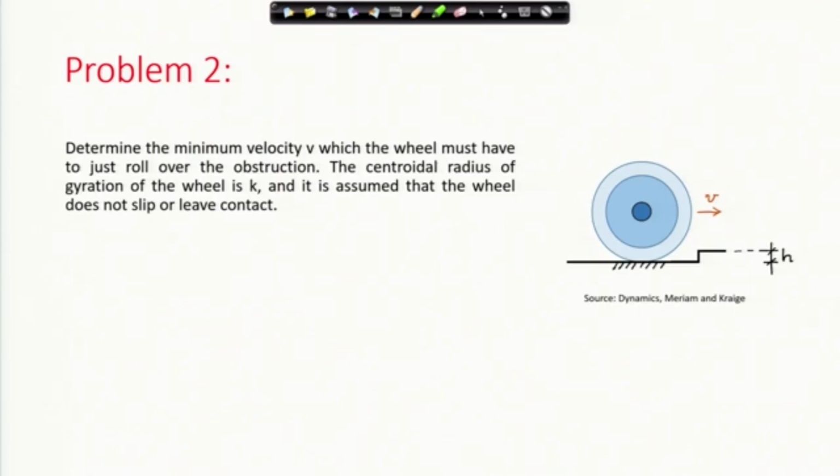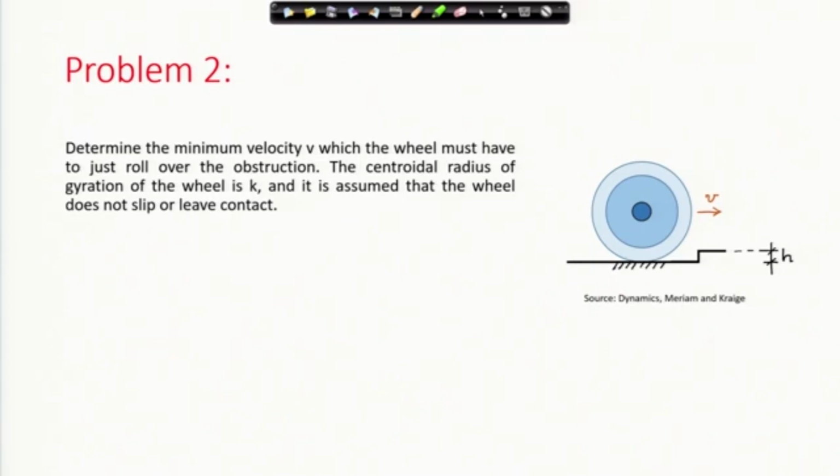This is a common problem we encounter, that a wheel while rolling hits a curb, and this is the curb height h. Here there is this assumption, if the curb height is not too large and the mass of the wheel is quite high, or the velocities are low, then this wheel is not going to slip or jump.